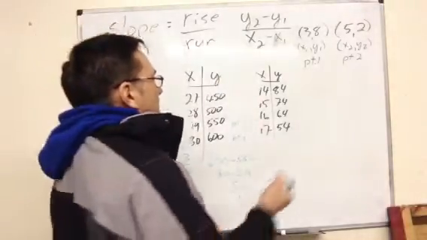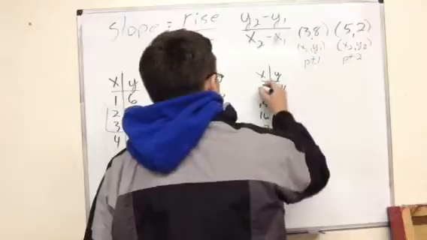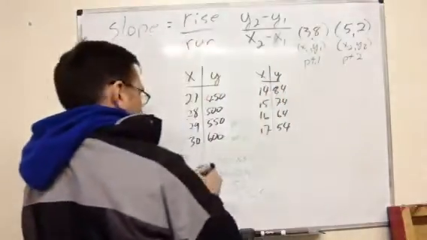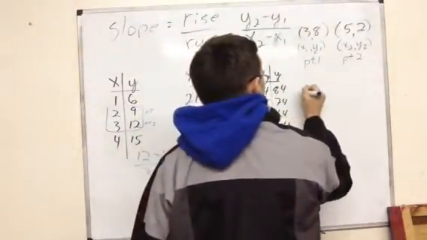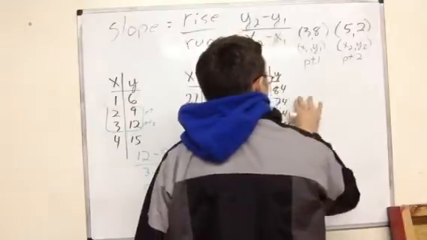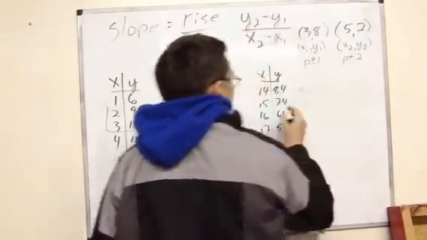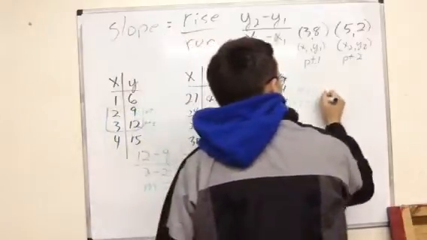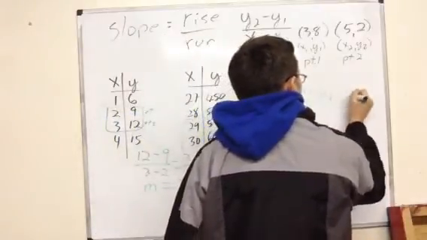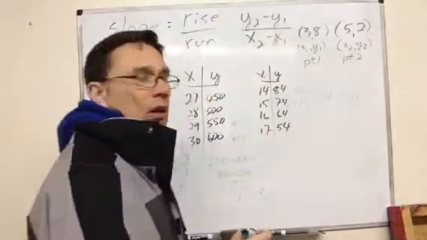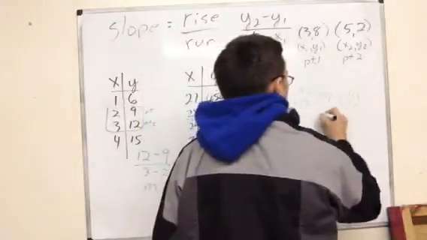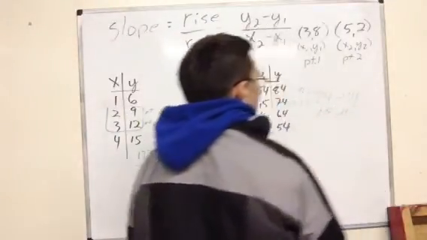With this problem, let's use the first 2 this time. Here's my y sub 2, here's my point 2, here's my point 1. So the y values, 74 minus 84 over 15 minus 14.